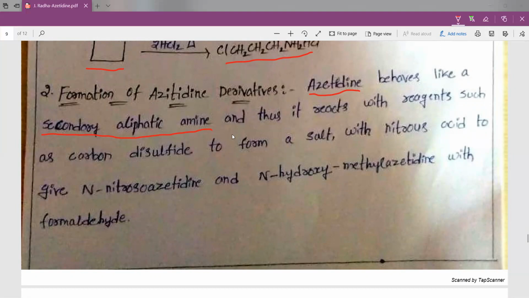For example, azetidine forms a salt with carbon disulfide. When treated with CS2, it forms a salt. Similarly, when treated with nitrous acid, N-nitrosoazetidine is formed, and it forms N-hydroxymethyl azetidine with formaldehyde.